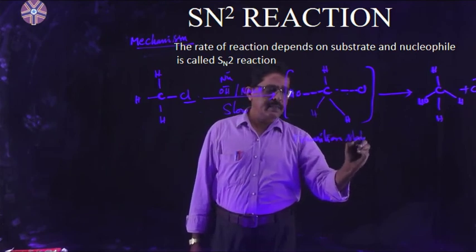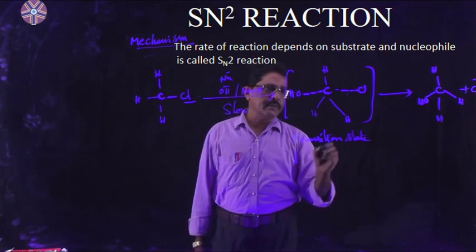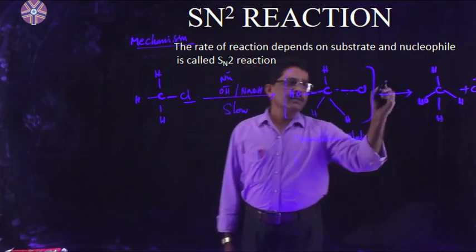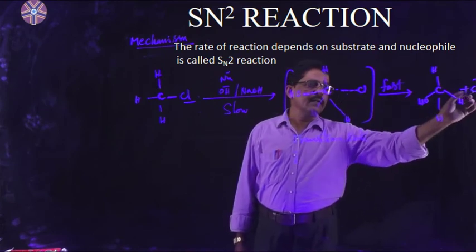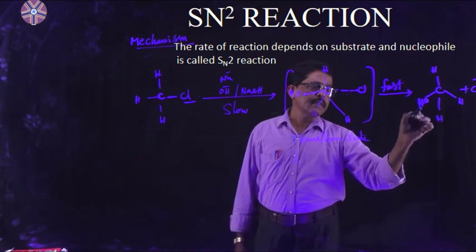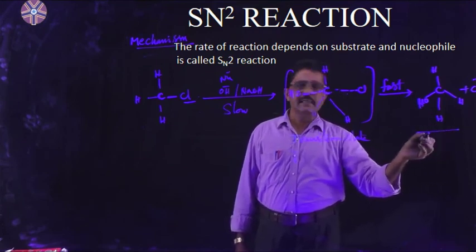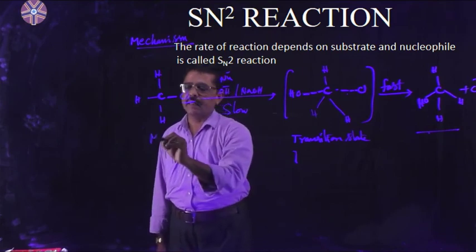That means there is an intermediate state. Intermediate compound is formed. In this intermediate compound, the C-Cl bond is broken and Cl minus is formed, and a new bond is formed. Here, the product formed has a configuration opposite to that of the reactant, methyl chloride.